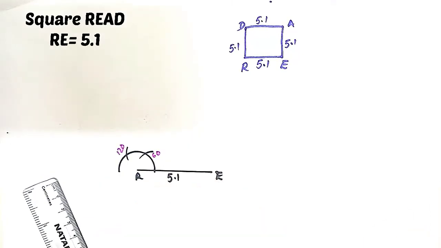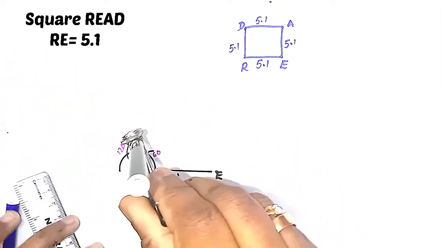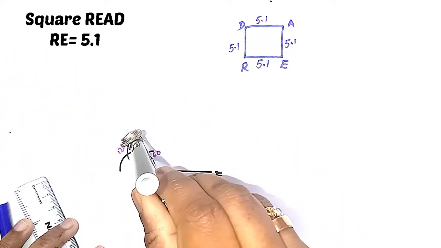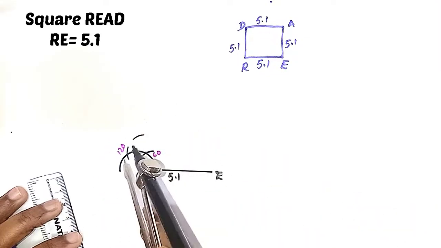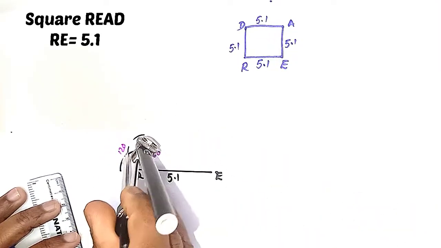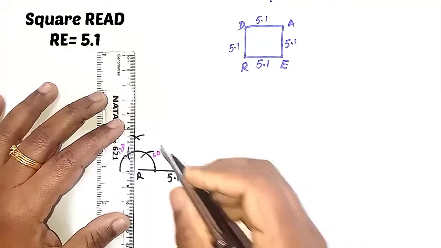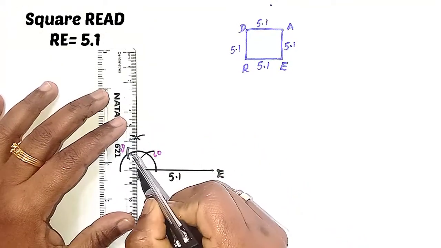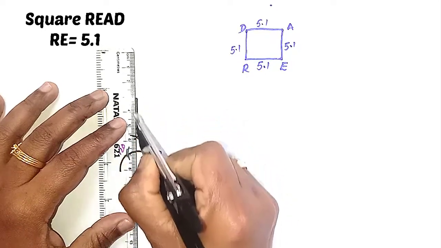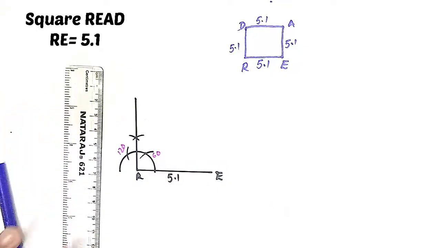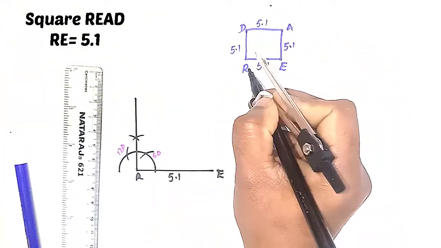Now with these 2 points as center, we can draw an arc here. Again to this point, cut the previous arc. Then join this. Now we know all sides are equal.